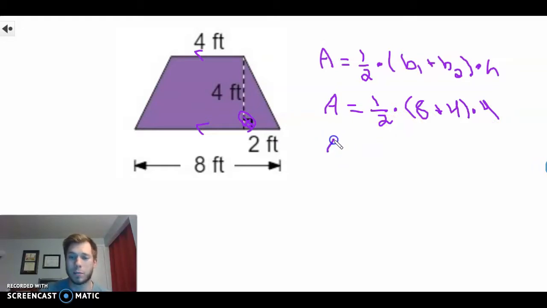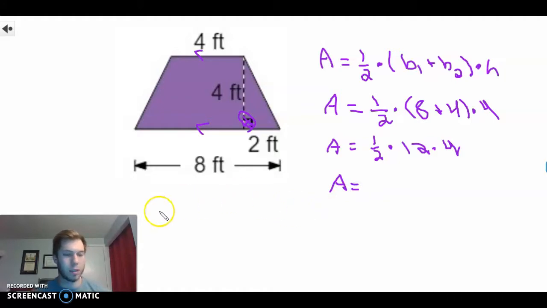Then we can go ahead and begin to solve. So we have A equals half multiplied by the answer from the inside of parentheses, 8 plus 4, which is 12, multiplied by the height 4. Then in your calculator, we could type this in. Let's go ahead and do that.